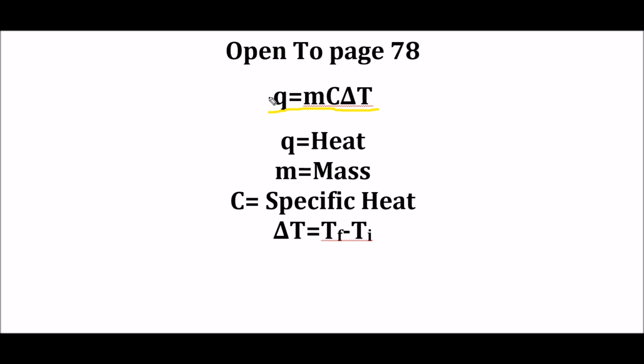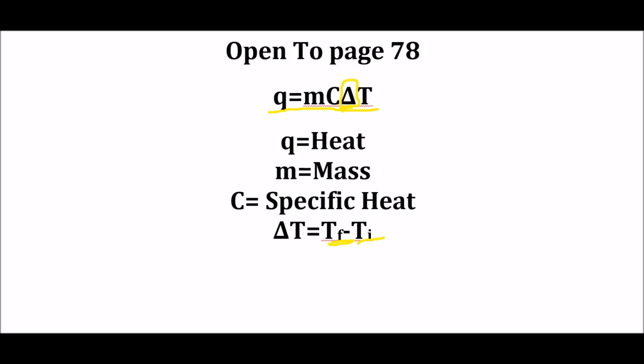So again, Q is heat. Now M is mass, we all know what M is. C is specific heat, and delta T, which is this triangle right here, means change in temperature, which is the final temperature minus the initial temperature. So don't forget to do the final minus the initial. Sometimes you will have a negative change in temperature. So up to this point, that's what we've learned.